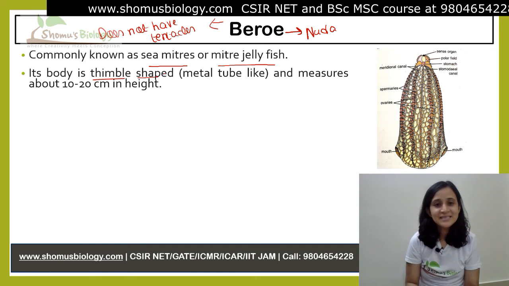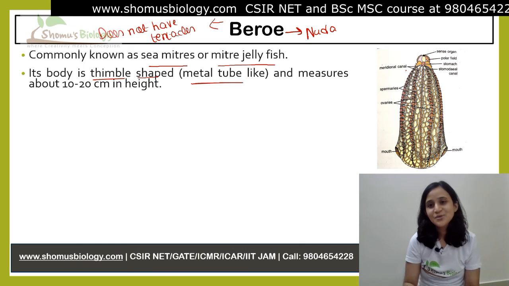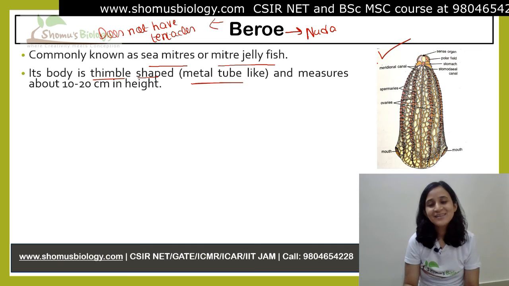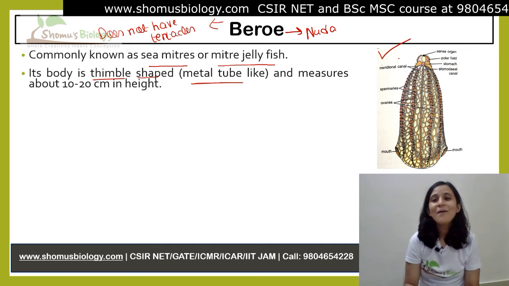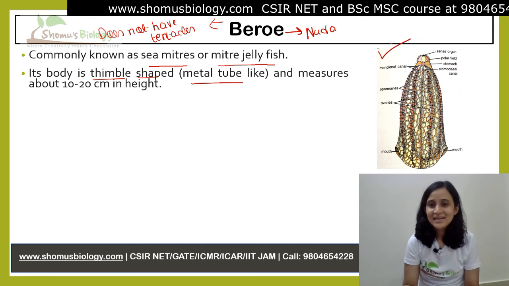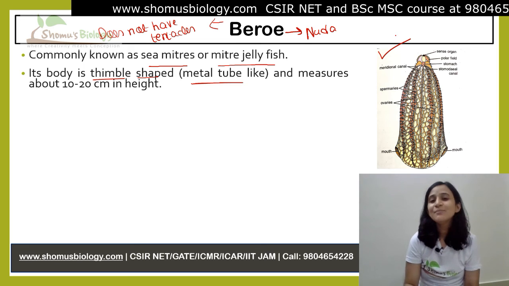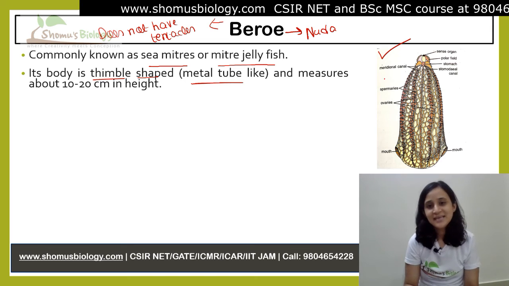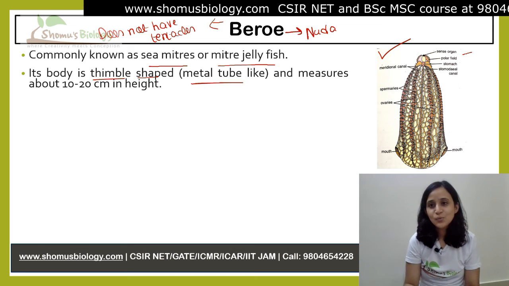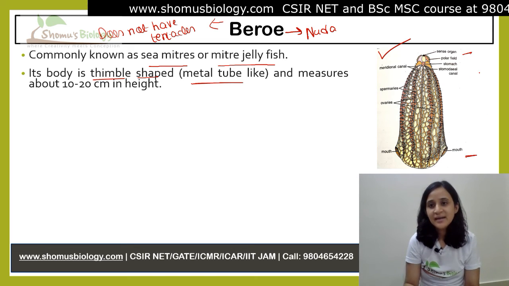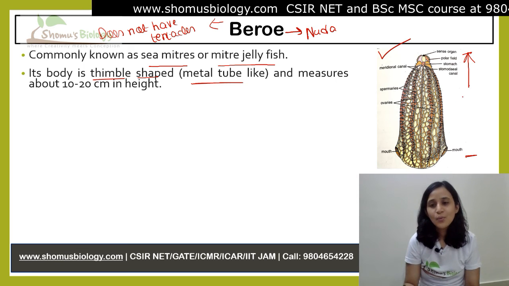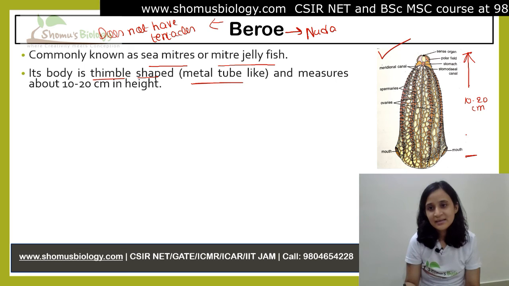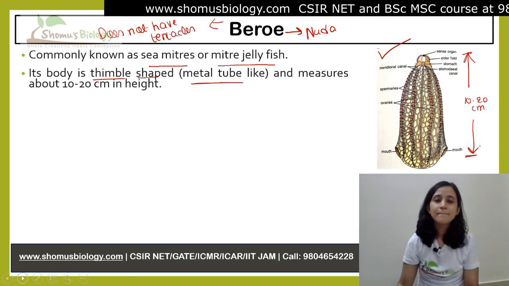So thimble means the metal tube like. If you see this picture, you can understand that the body is just like a metal tube, and that's why it is called thimble shaped, and it measures about 10 to 20 centimeter in height. That is quite long.